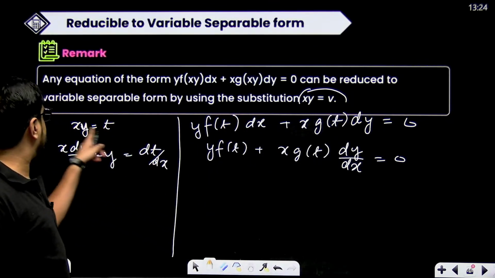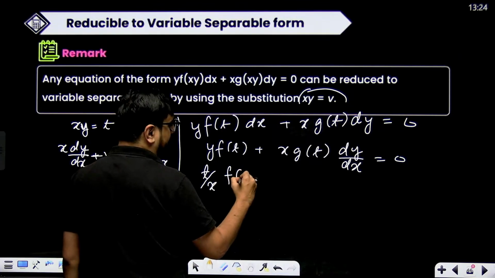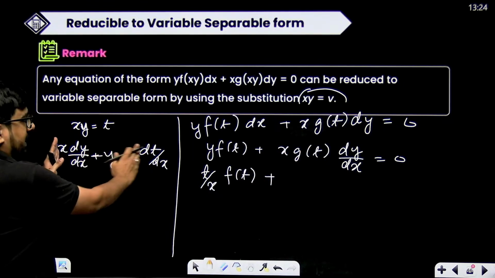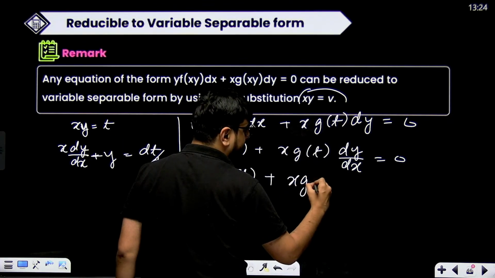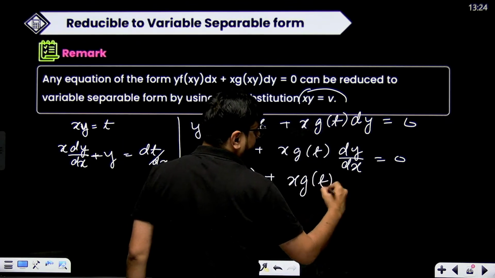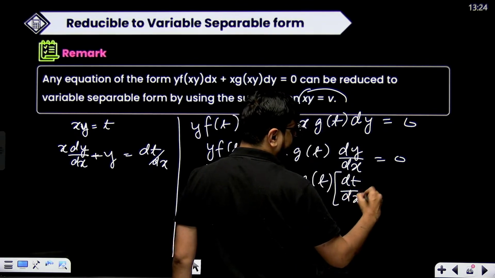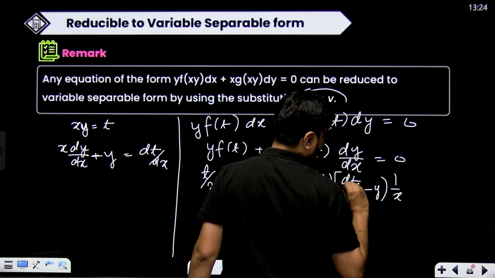Now y is t by x. So t by x f of t as it is, plus, now dy by dx will be dt by dx minus y. So x g of t times dt by dx minus y, and 1 by x will also come over here.